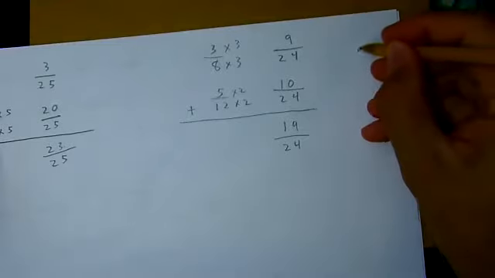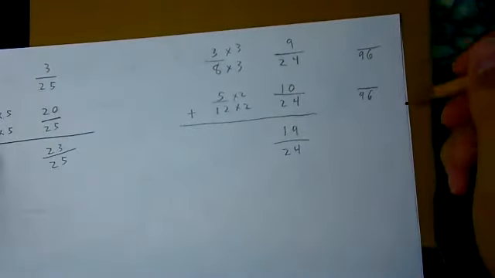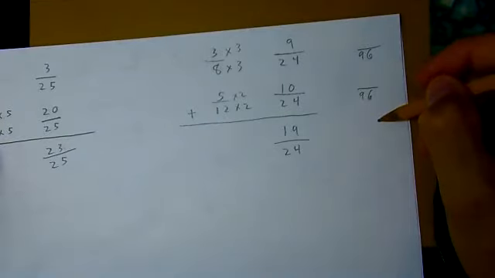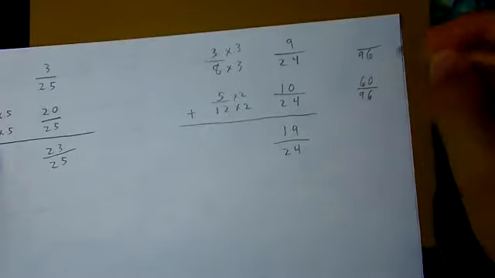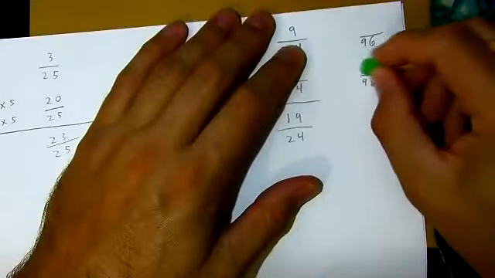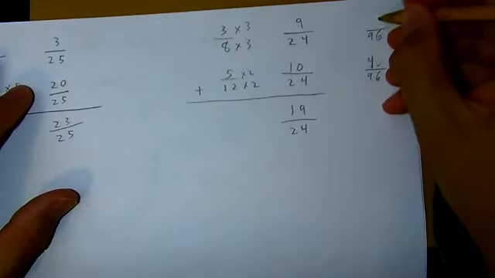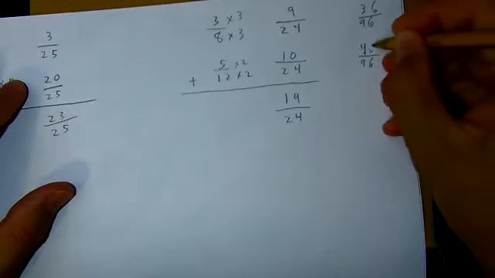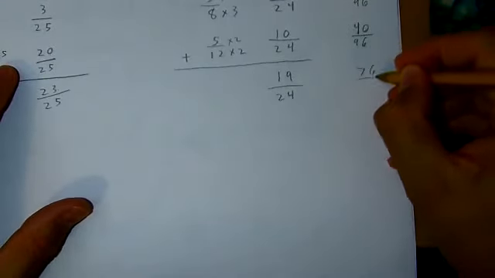If you would have used 96, you would have had, let's see, times 12 would have been 60, nope, I'm doing it wrong. Times 8 would have been 40. Times 12 would have been 36. And you would have had 76 over 96.